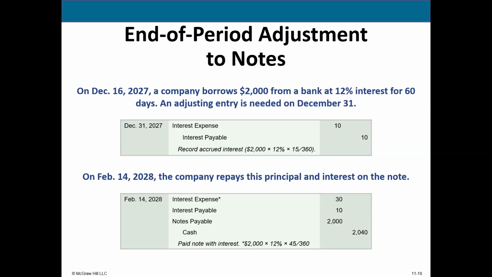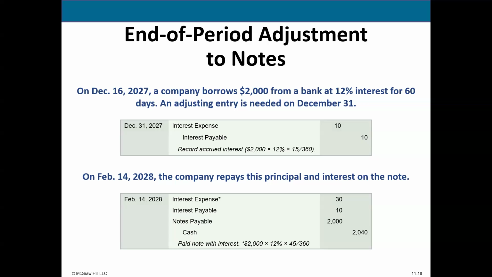So therefore, we need to accrue the interest for those 15 days in December. No problem, it's pretty easy to do. We follow the same exact formula. We take the face value of the loan times the interest rate times time, in this case 15 days.